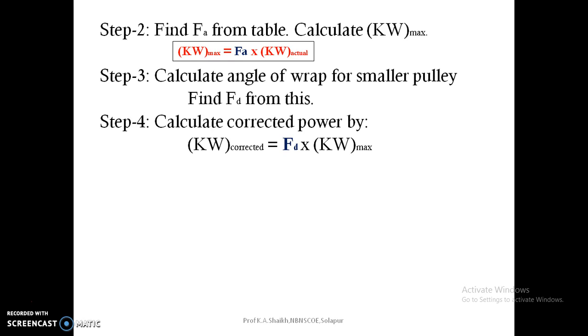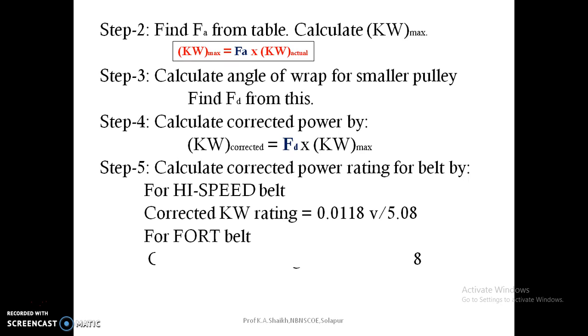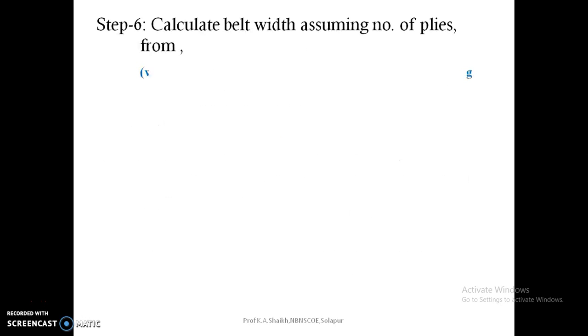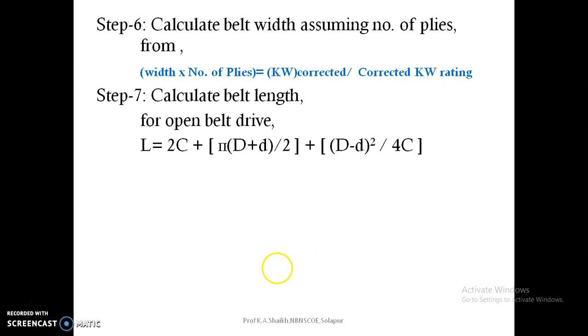Then we are calculating the corrected kilowatt. Then in step number 5, we are selecting a certain rating of the belt. After finding the rating of the belt, for the number of plies you have to find out the width, and see from the table whether that width is available for the given number of plies or not. Understood? And the last step is that you have to find out the length of the belt. Understood? So this is how we can select the flat belt drive.